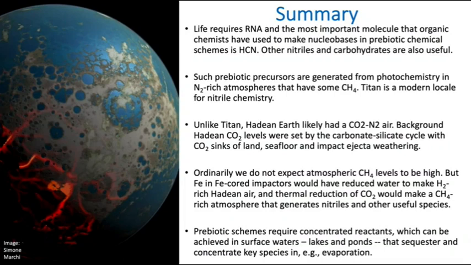So the result is a type of atmosphere that generates HCN, plenty of it, other nitriles, as well as simple carbohydrates, but for nitriles at very much greater rates than on Titan because of the greater solar flux at Earth's orbit. Physico-chemical model results shown earlier by Nick Wogan show that this is what happens.